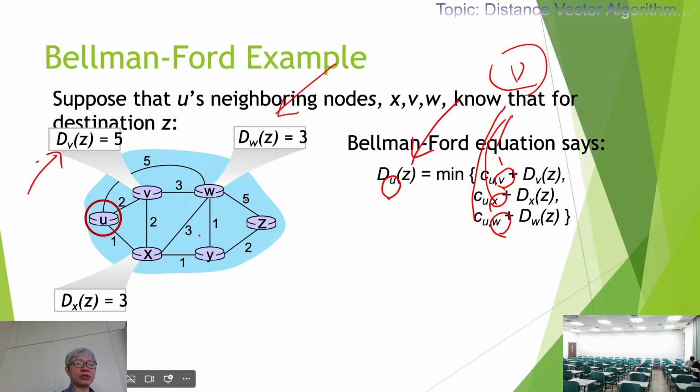Maybe you have a question why we know that one. Assume even it's wrong, we have the given distance vector.